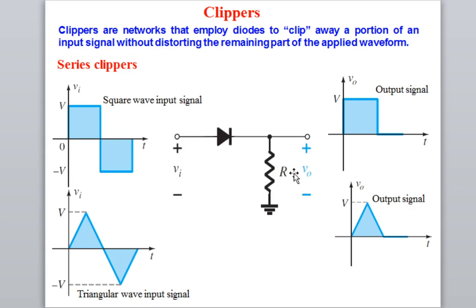Then you can find the output voltage: VO is equal to I into R. Basically you are measuring the output voltage across the load resistance. According to the first diode approximation there is no voltage drop, so whatever input voltage you apply, that same voltage will appear across the load resistance. So you will get the same output waveform. This was the square wave input signal, and this is the output signal.